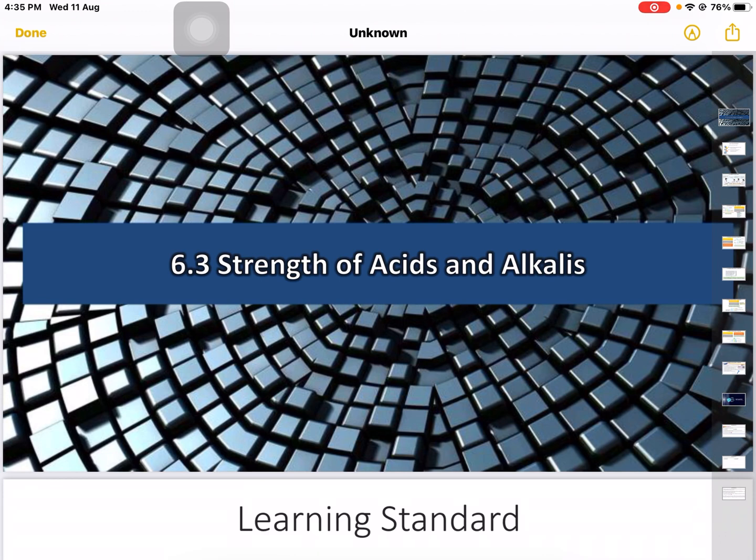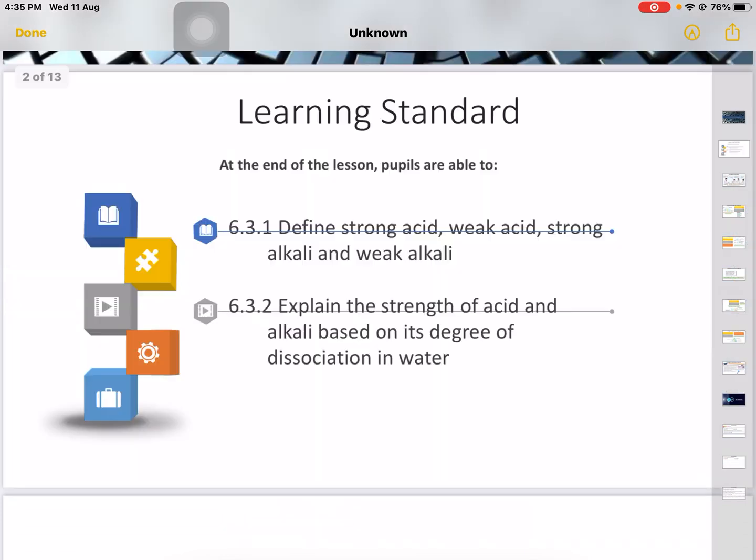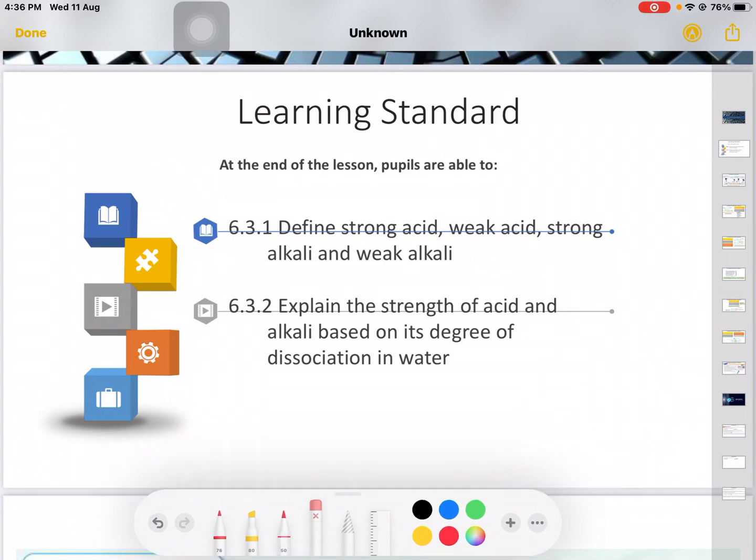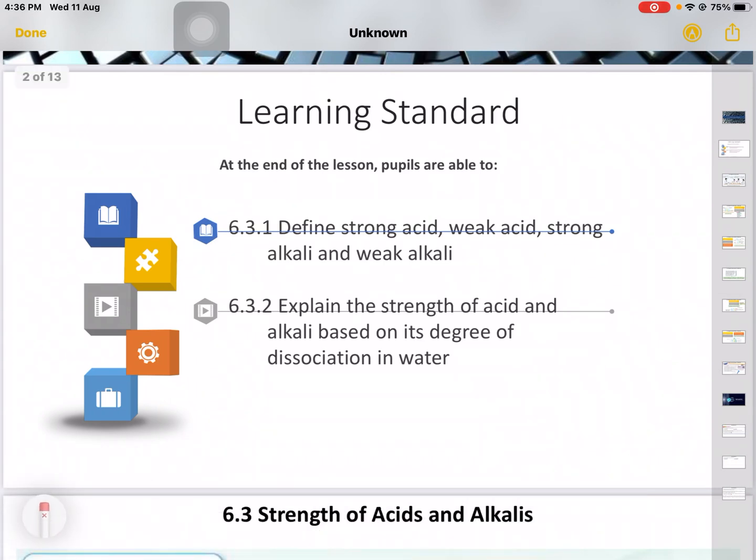So today, teacher will discuss chapter 6, acid, base and salt, and subtopic 6.3, the strength of acid and alkali. I hope after we discuss this subtopic, students should be able to define strong acid, weak acid, strong alkali and weak alkali.